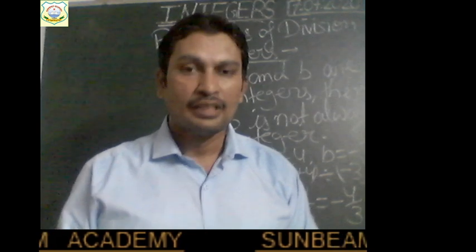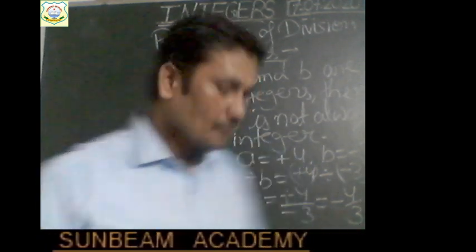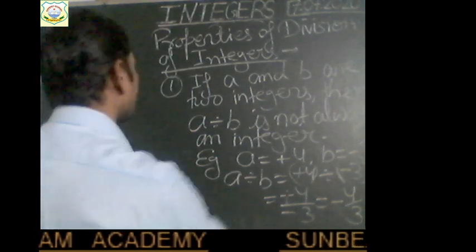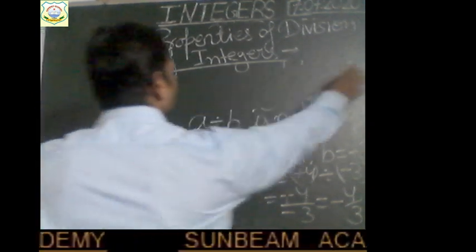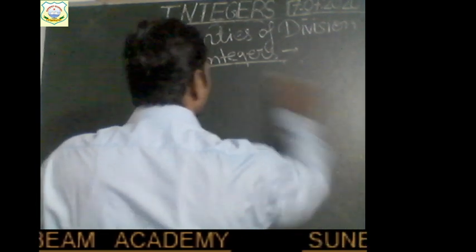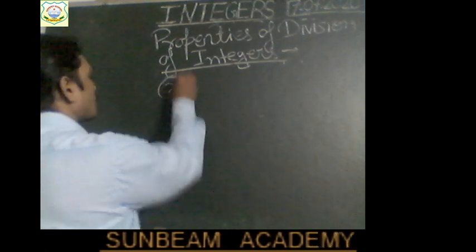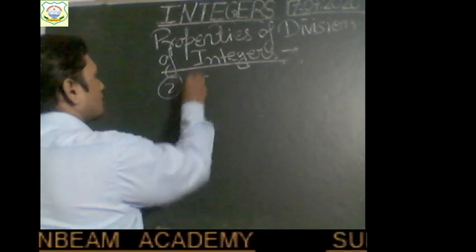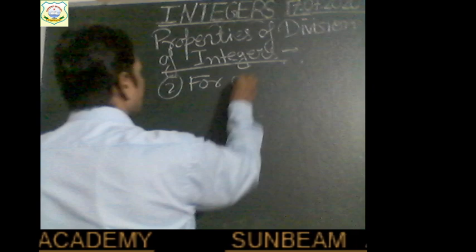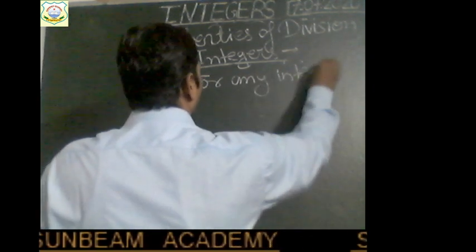Right, children? So let us move to the second property of division. What is the second property of division, children? It's very simple, children. Second property, for any integer a.